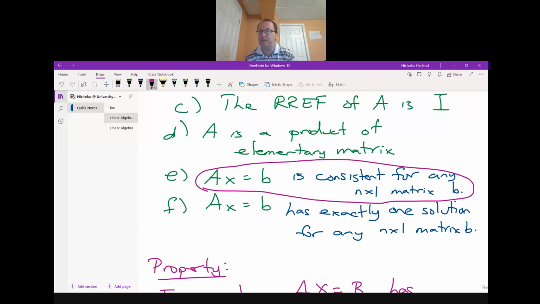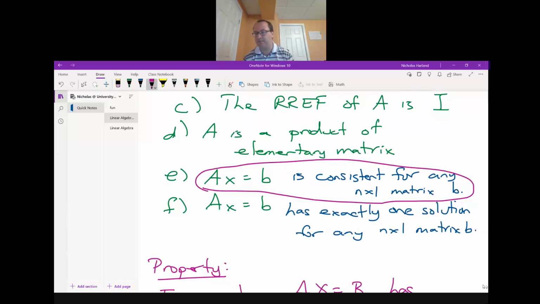What it means for E to be false does not mean that it's inconsistent for every matrix B. For example, AX equals 0 always has a solution, the trivial solution. So what E being false would mean is that it is going to be consistent for some matrices B, but not all. So if these are all false, because the reduced row echelon form is not the identity, that would mean that while this system is consistent for some matrices B, it is not consistent for all of them.